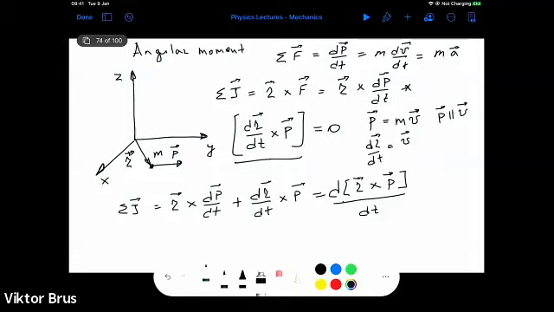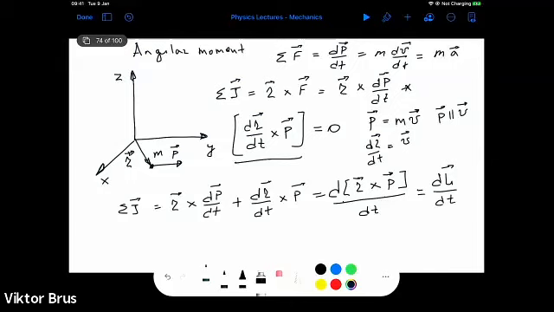Okay, since we have such a term as the vector product of radius vector and linear momentum, we can introduce a new parameter, and this parameter is the angular momentum. So we can write that this is equal to dL vector divided by dt.